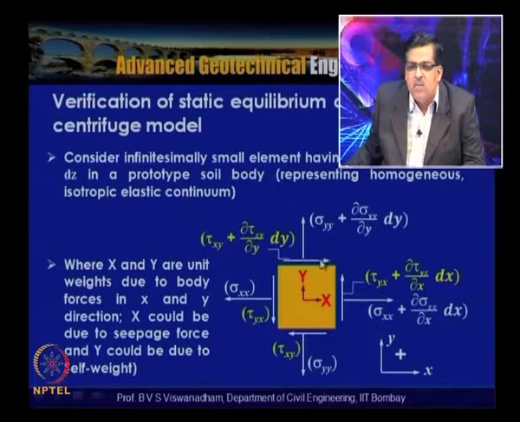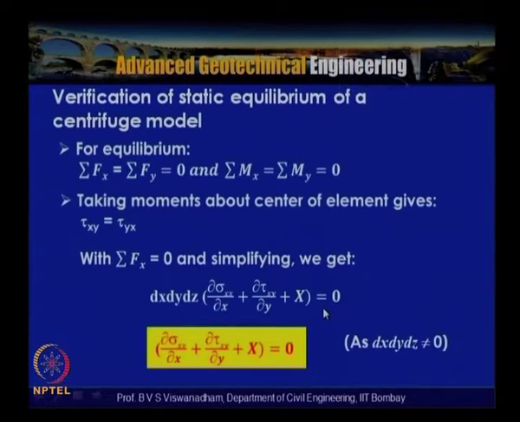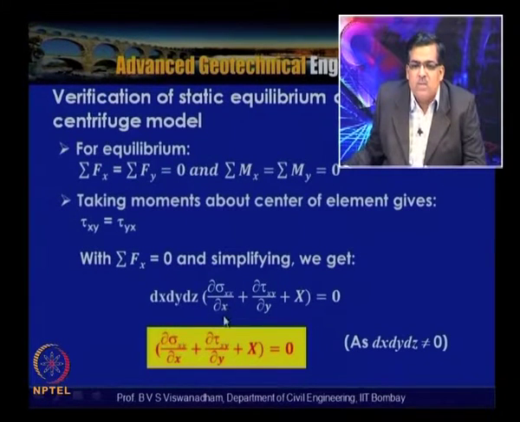Similarly, when you take the forces from the shear stresses in this direction and the body forces in this direction, after simplification what we get is dx dy dz into dou sigma xx by dou x plus dou tau xy by dou y plus X is equal to 0.